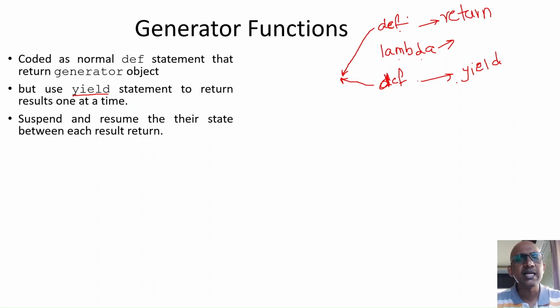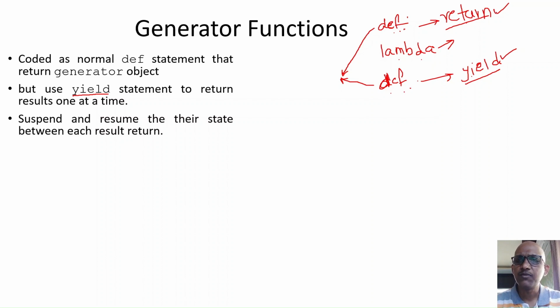There is a statement called yield. So in normal functions, we return the value using the return statement. In generator functions, we return the value using the yield statement. That is the only clear and blunt indication whether a def statement is a normal function or a generator function. There is no other mark or indication to differentiate them. If you are returning the value using the return statement, that is a normal function. If you are returning the value using the yield statement, that's a generator function. That is the only difference.